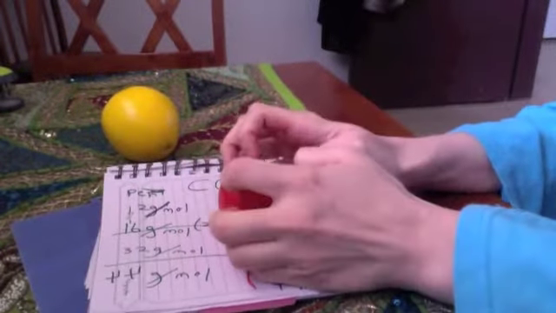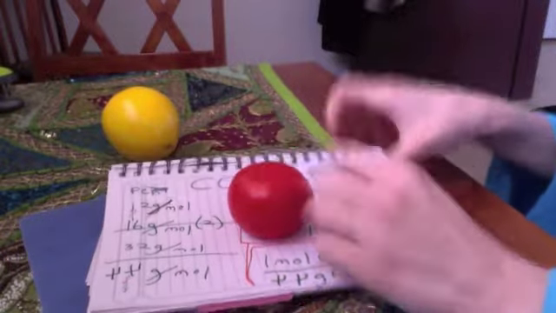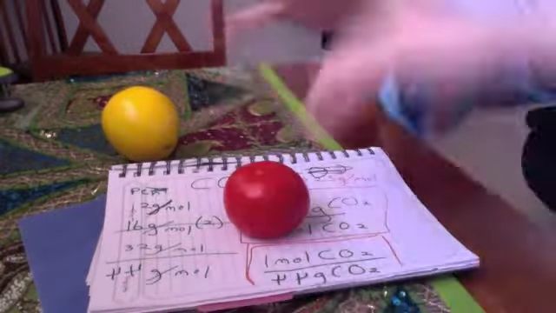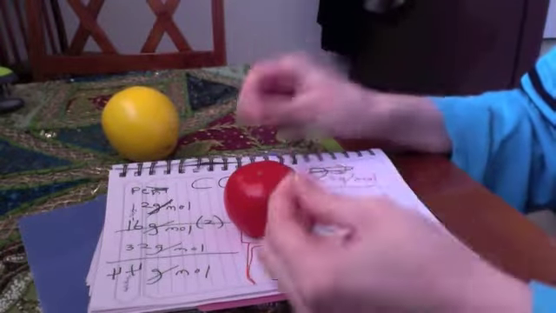For example, if this tomato was the nucleus of my atom, it has the protons and the neutrons in it. That is the weight that I'm measuring in this number on the periodic table. Then the electrons are floating around in a cloud all around it, like you guys did in your models, okay? But the weight of those electrons is so insignificant, it's so small that I don't even measure it.